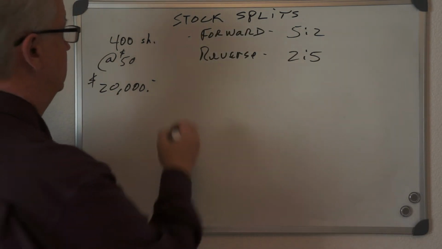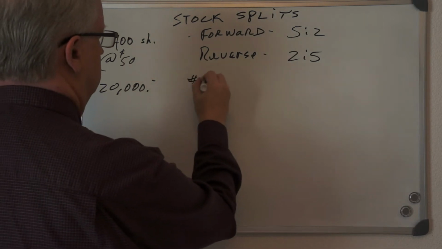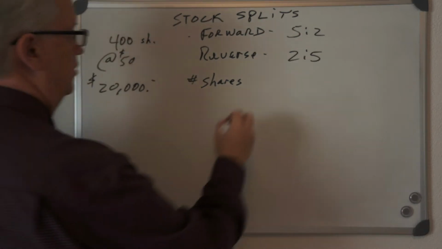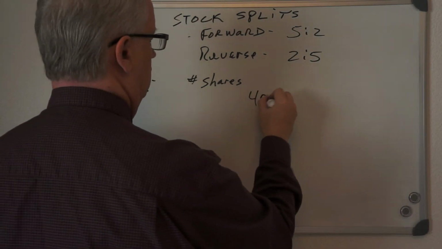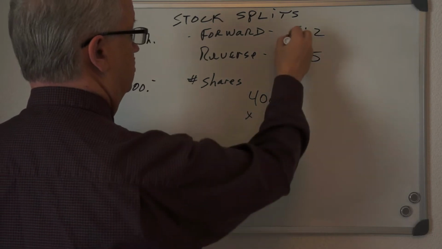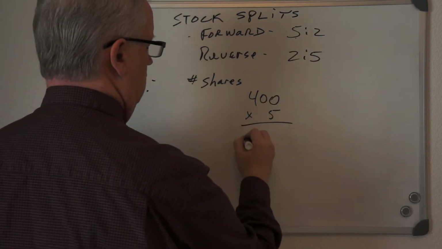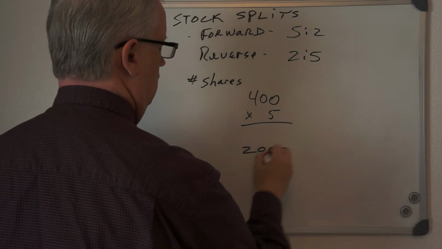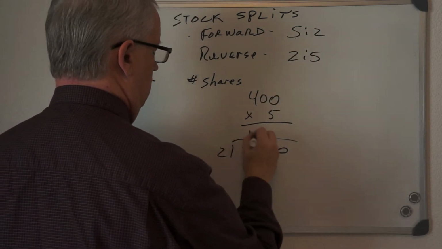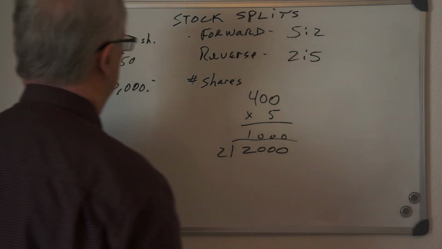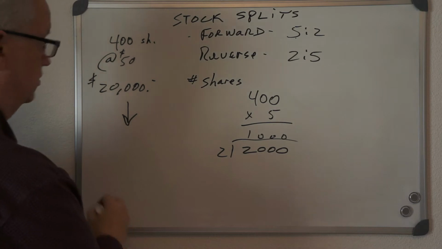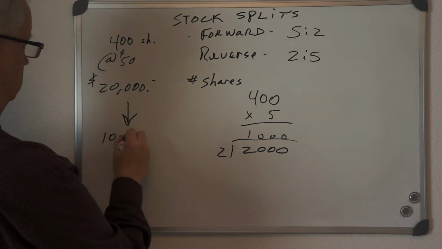How do we figure out the number of shares? Okay, we take the 400 shares, multiply by the first, divide by the second. Okay? So now, this is going to transform into 1,000 shares.